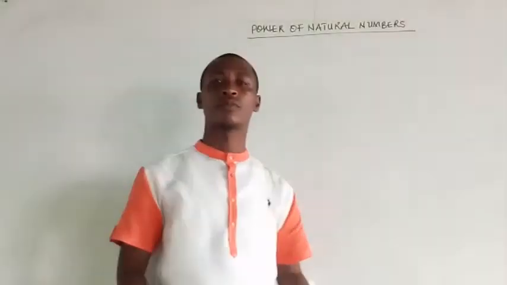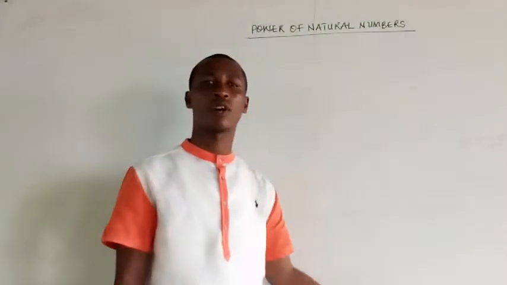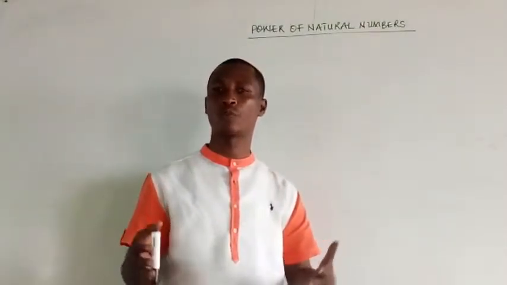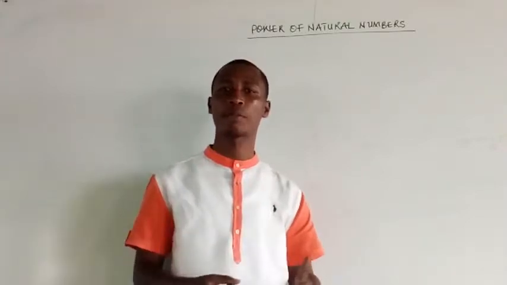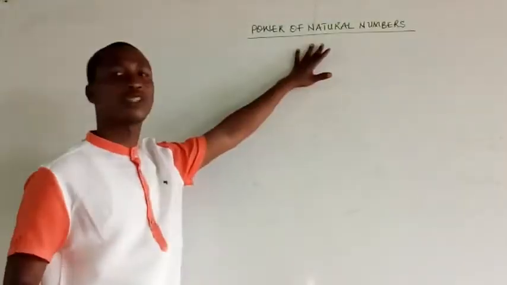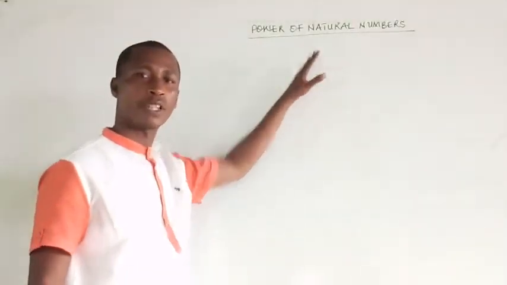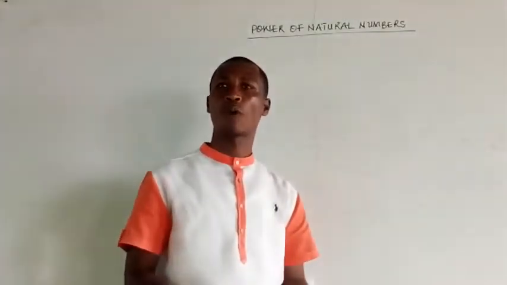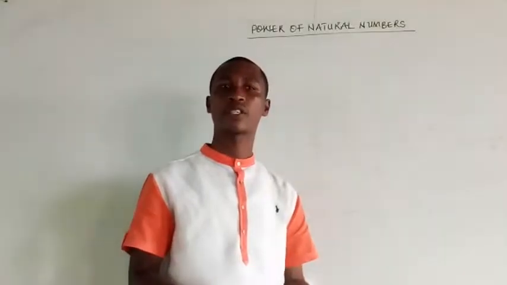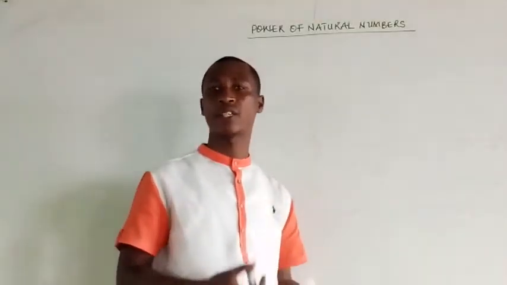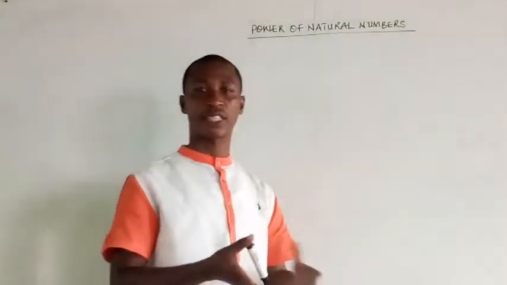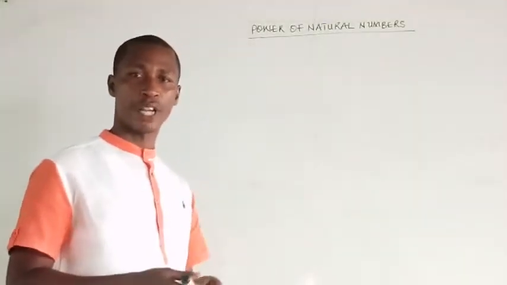Good morning. Today we are going to continue our basic mathematics series, and this morning we'll be looking at power of natural numbers. Basically, when we talk of power of natural numbers, the commonest thing that comes to our mind is indices or exponential numbers. That is the simplest way this can be expressed.